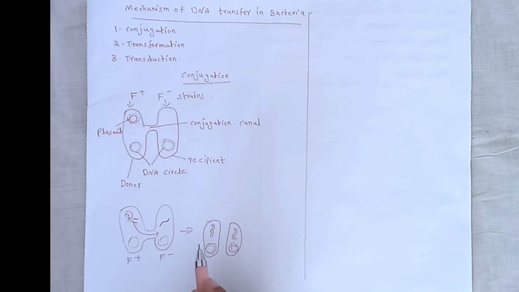We discussed DNA replication in the former session, so you can utilize that part to study the different steps of DNA replication. Both bacteria develop their complementary DNA strand and become double stranded plasmid.